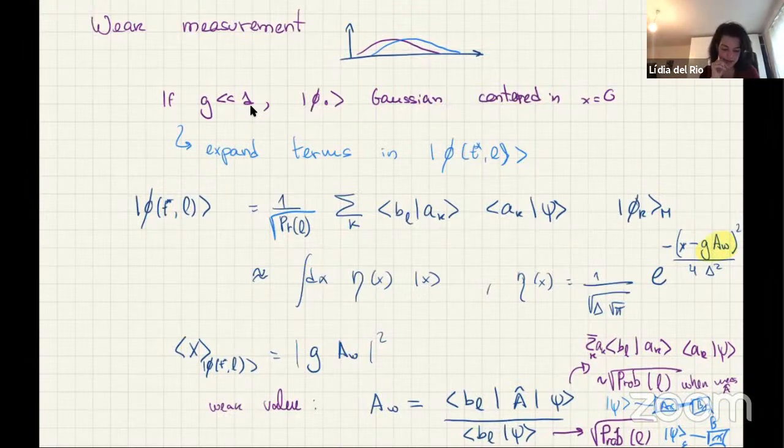Actually, I have maybe an answer for Florian. So, two options. If this term here is 0, either your measurement is not super weak, and then you cannot use this approximation, so this would not hold. Or suppose it's super weak, then you're never in this situation.